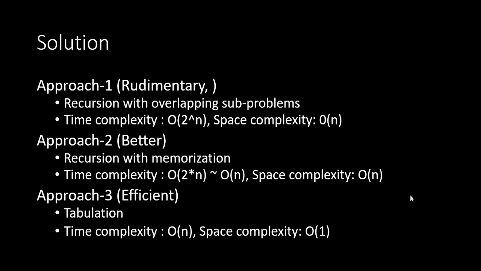Space complexity is again O(n) in both cases. We then went to the most efficient approach, the tabulation approach, where time complexity is still O(n), of course, but space complexity is constant basically. So that's great, we are saving a lot of space.